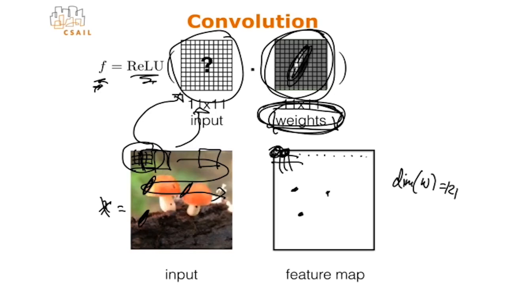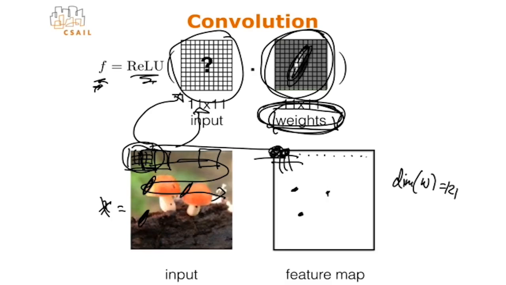So let's compare this to the simple feed-forward transformation. There are two differences here. First, each unit here connects only locally. So it doesn't look at the whole image, it only looks at the patch. That's difference number one.